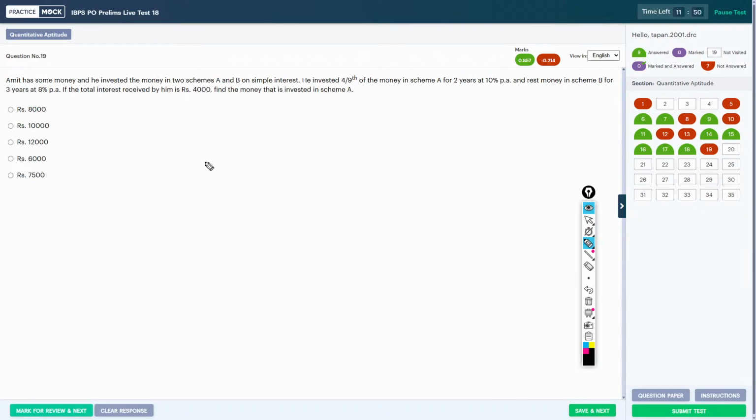Amit has some money and he invested the money in two schemes, A and B, on simple interest. He invested 4/9 of the money in scheme A for 2 years, 10% per annum. The rest of the money in scheme B for 3 years, 8% per annum.